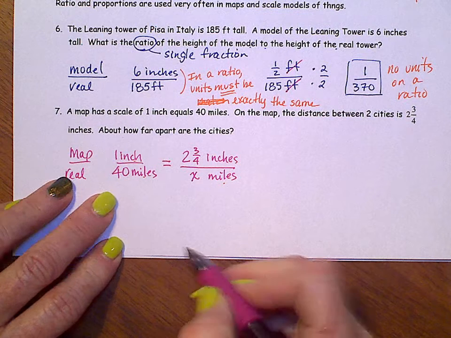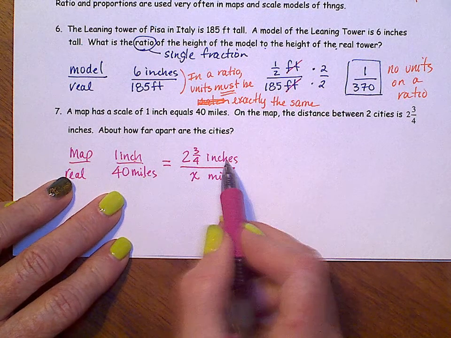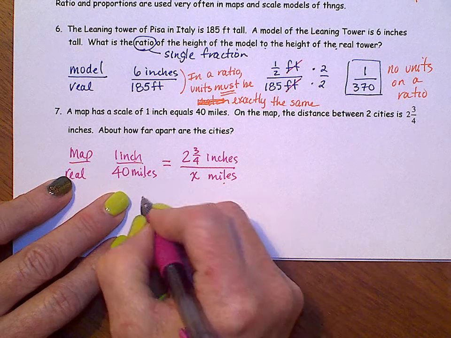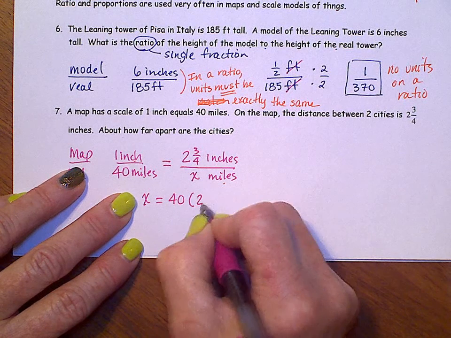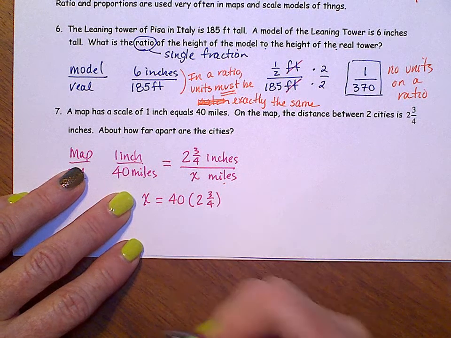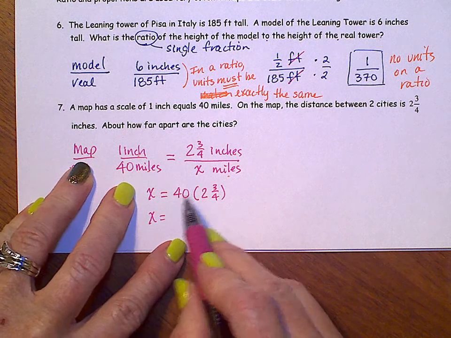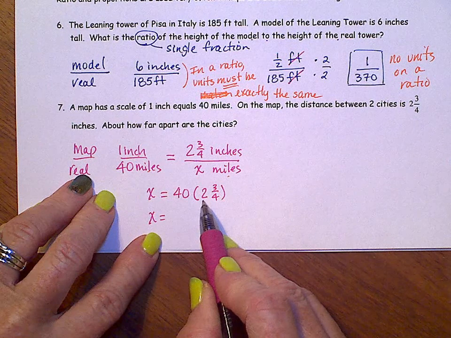Oh boy, let's cross multiply. Since our units are matching, we don't need to worry about them, and we'll just cross multiply. 1 times x is x, and now we need to do 40 times 2 3/4, and you can do this without a calculator because you can do 40 times the 2. 40 times 2 is 80.